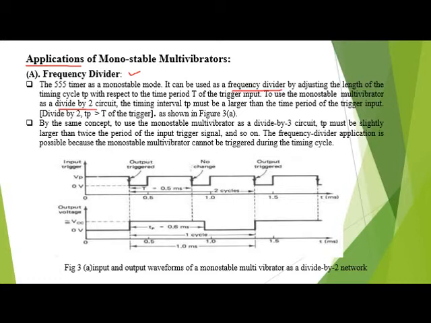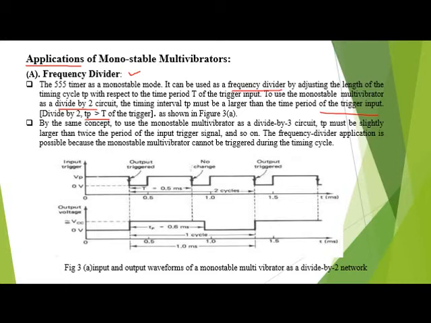The timing interval TP must be larger than the time period of the trigger input, that is, TP is always greater than the total time period.